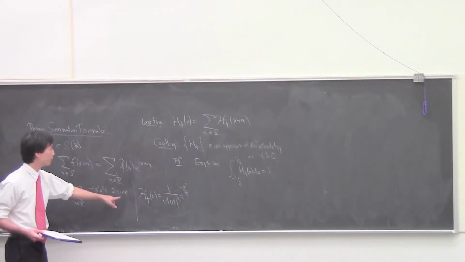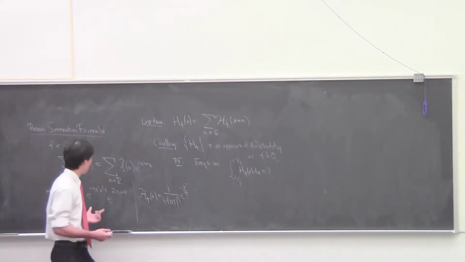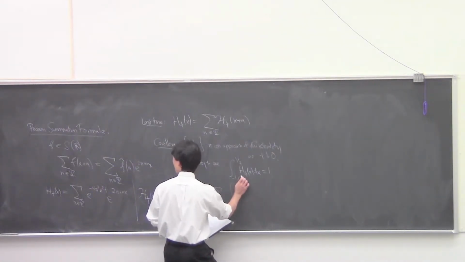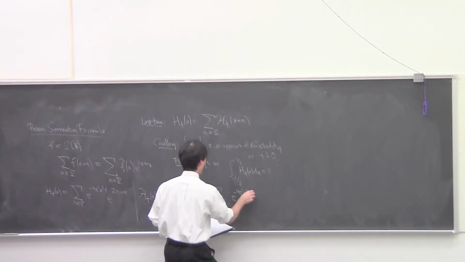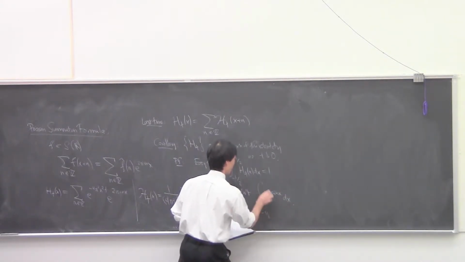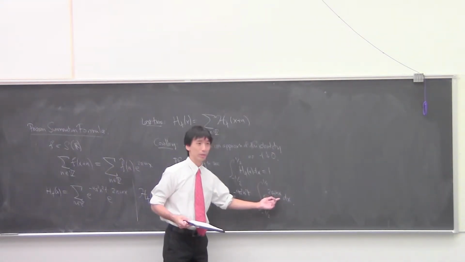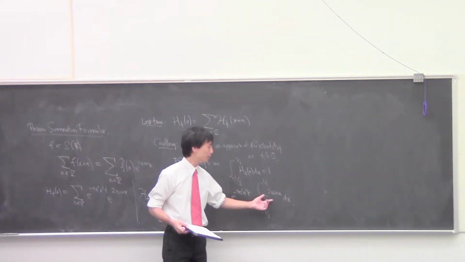Well, because of the uniform convergence, you can switch the order, so you can pull out the integral, and you get the sum over n of e to the negative 4 pi squared n squared t times the integral of e to the 2 pi i n x dx from negative 1/2 to 1/2, right? Okay. But these guys are periodic functions on this period, right? So you're going to get 0 for everybody except when n is equal to 0.